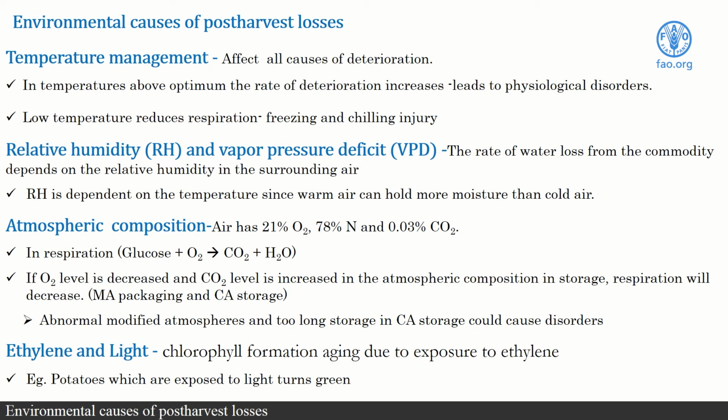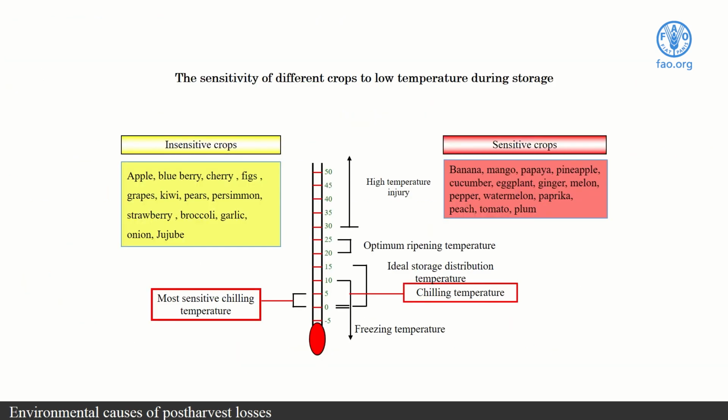The other is light and ethylene. Light leads to chlorophyll formation, and ethylene leads to aging, of course. For instance, potatoes which are exposed to light turn green and they become unmarketable. This slide categorizes chilling injury sensitive and insensitive crops.